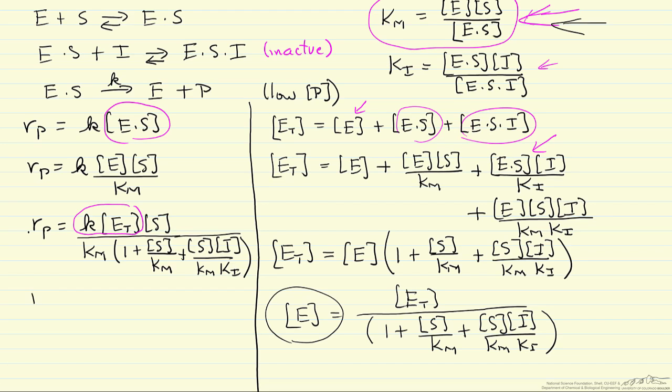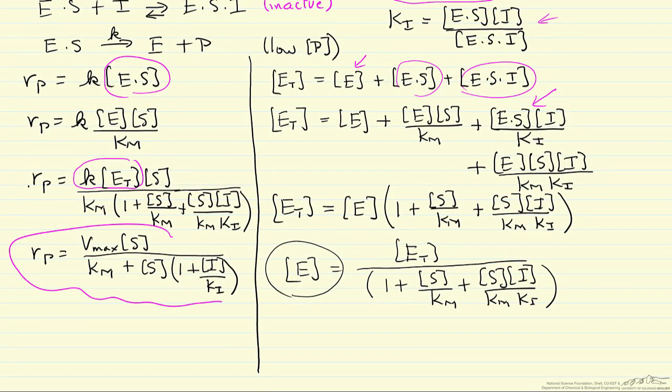And so the rate of product formation is Vmax times substrate concentration, and in the denominator we're just going to multiply through by Km, first term Km, and then we're going to factor out the substrate concentration, and so this becomes 1 plus inhibitor concentration over Ki. And so this now is our final answer.